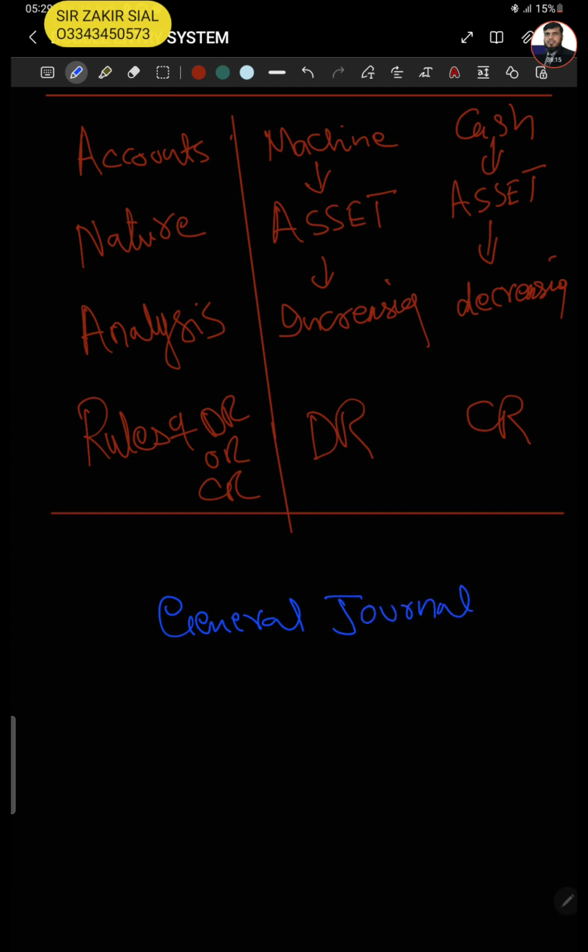This is called the general journal. Its structure is like this.